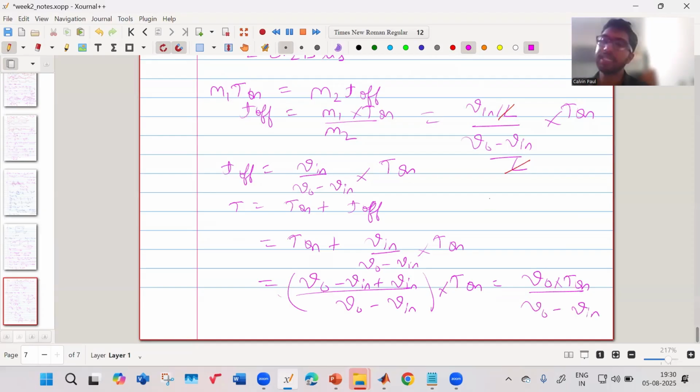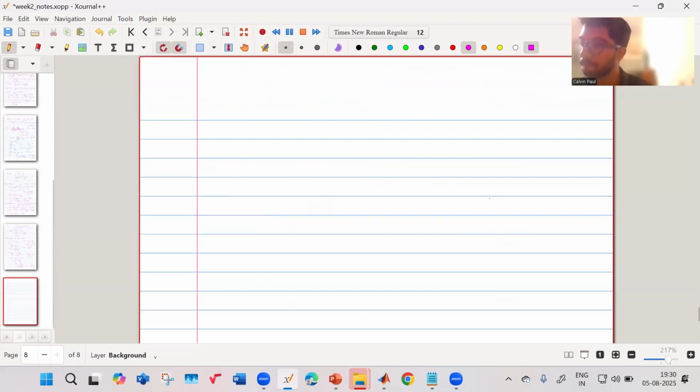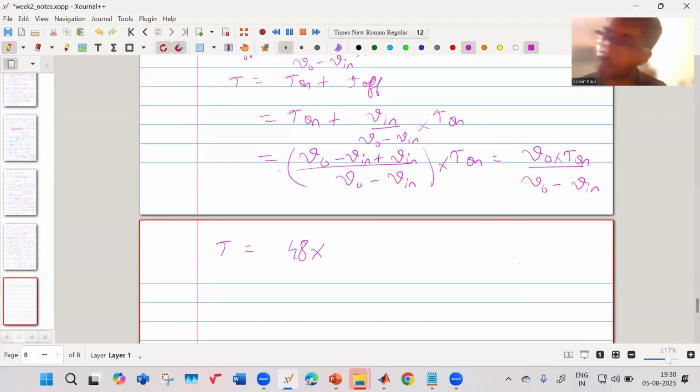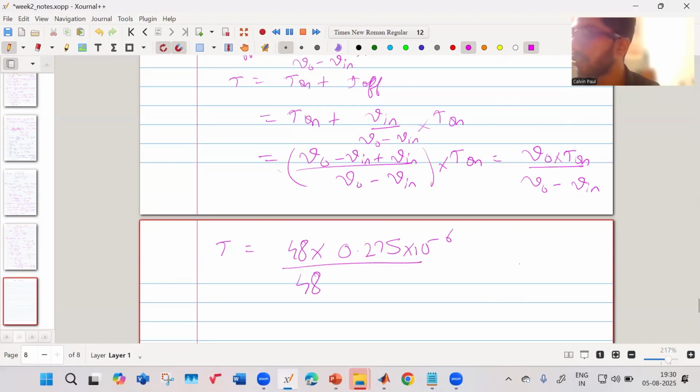So can you calculate and tell me what is this value? V output is 48. T on is 0.275 into 10 to the power minus 6. 48 minus 12.